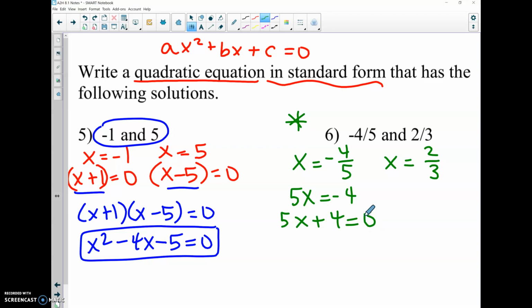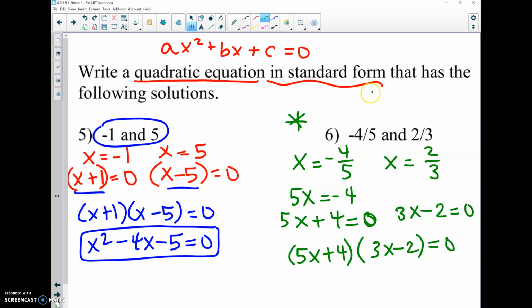Take a second and come up with what your other factor would be if x equals 2/3 is your solution. If you said 3x minus 2, you are correct. So go ahead and multiply those two binomials together to come up with your quadratic equation in standard form.